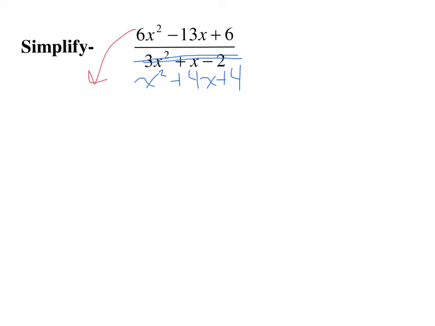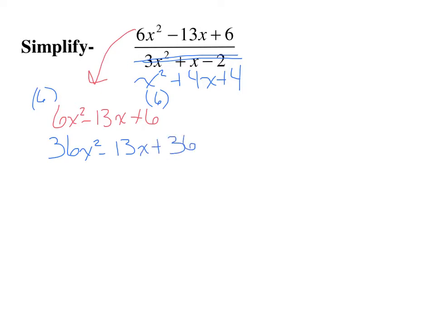All right. So 6x squared minus 13x plus 6. We're going to have to use the square root method on this. So we'll multiply the first and last terms by 6. So we'll have 36x squared minus 13x plus 36. Square root the first term. Put your signs in.